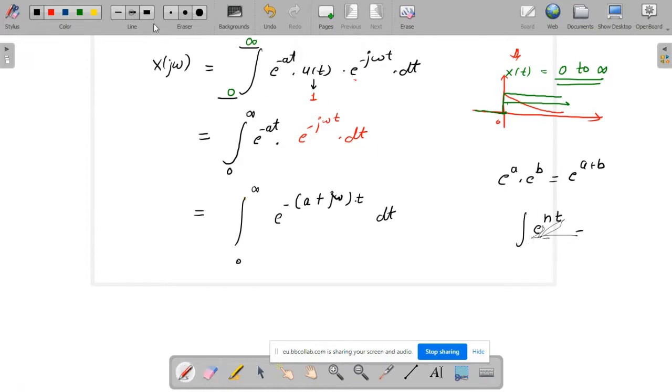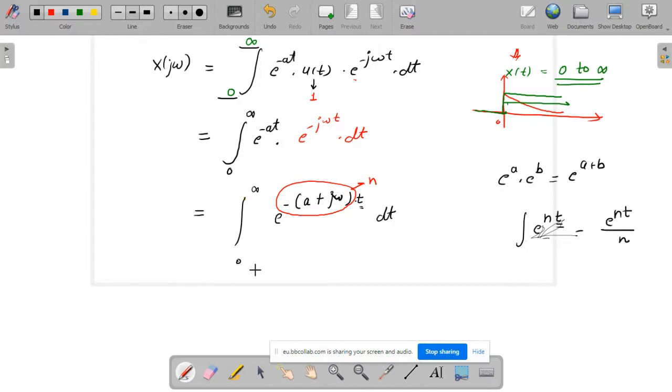In this formula, you can notice t is at the last. That's why I put t at the last, and this complete one is what? n. Okay, and you know what the integration of e to the power nt is? e to the power nt divided by n.